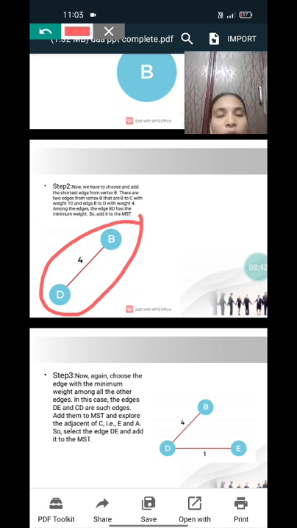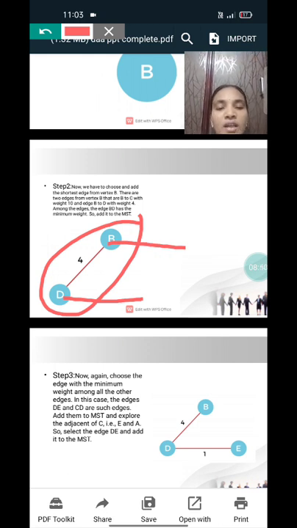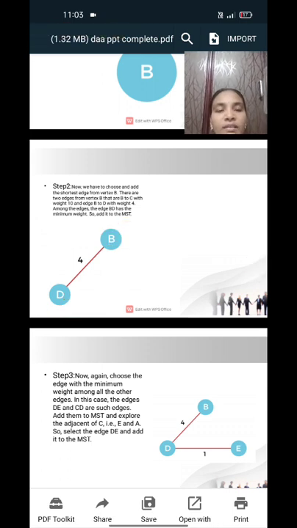Next we have 2 options present over here. We can draw a connection from here or here, but we have to choose the one with minimum cost. So let's go to the third step. Now again choose the edge with the minimum weight among all the other edges. In this case, let me go to the tree.